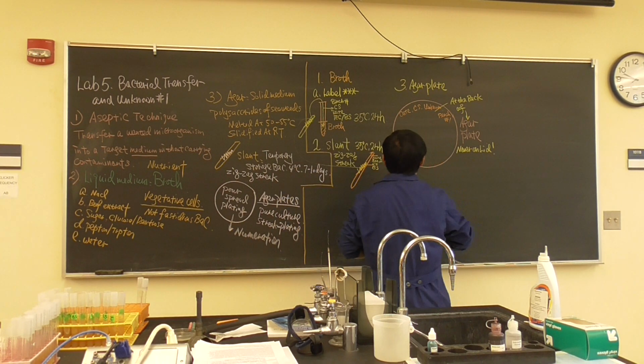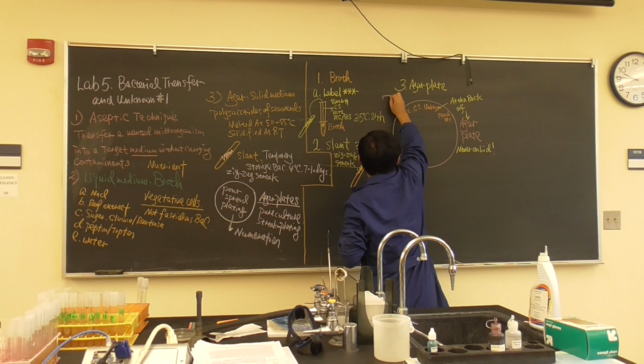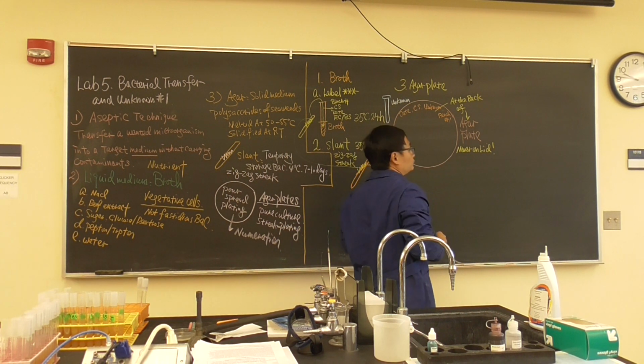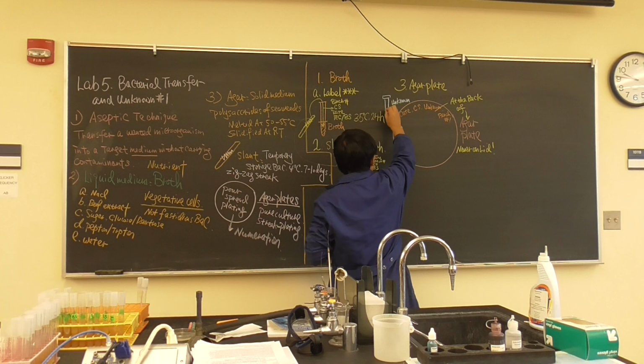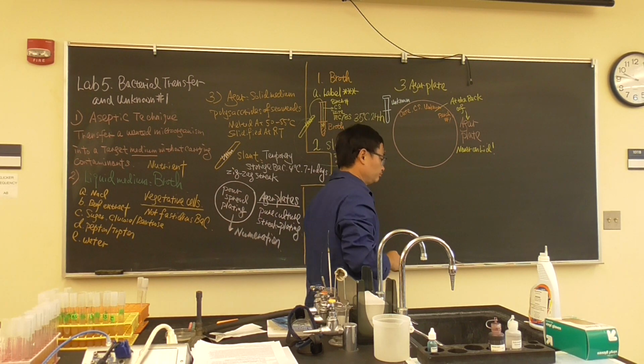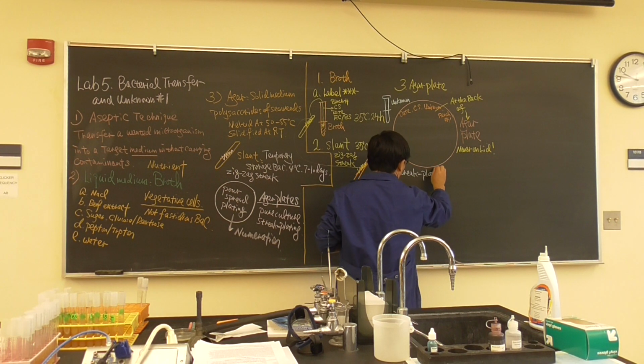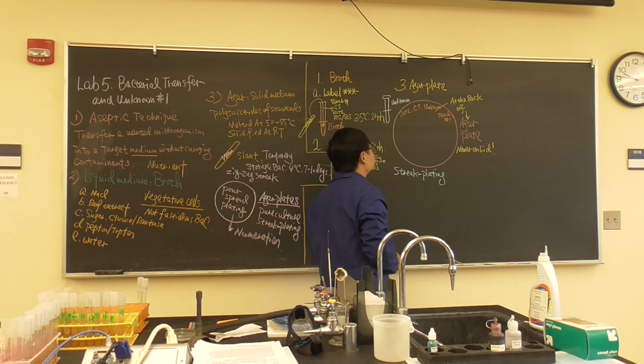Okay, that's number one. Now, what we're going to do? You will get this, this is the unknown. Okay, this is the unknown. We're going to do what's called streak plating. So what is that?